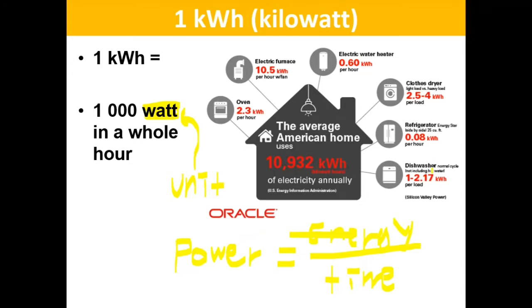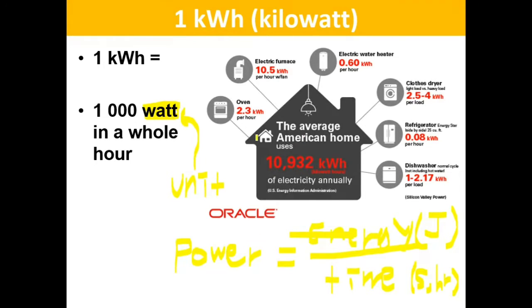Energy is a concept of joule and kilojoule, which we write with the capital letter J. Joule is another unit like watt. It shows the energy. Time can be, and this is where things are getting a little tricky, second or hour.